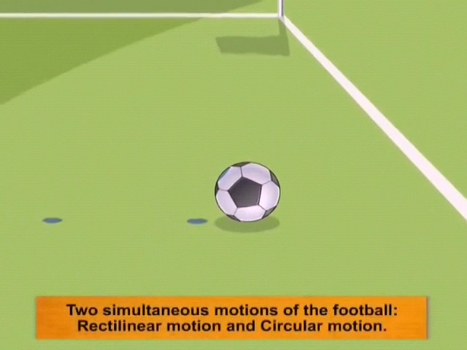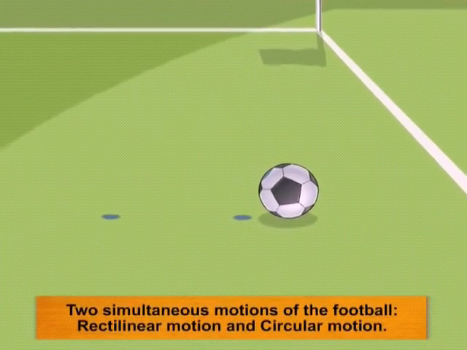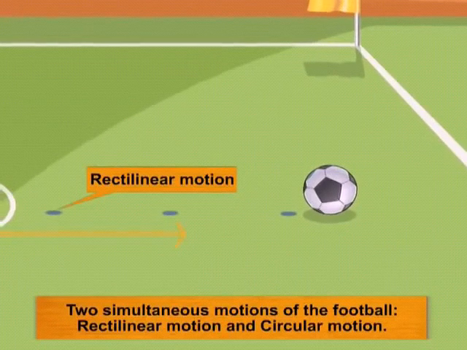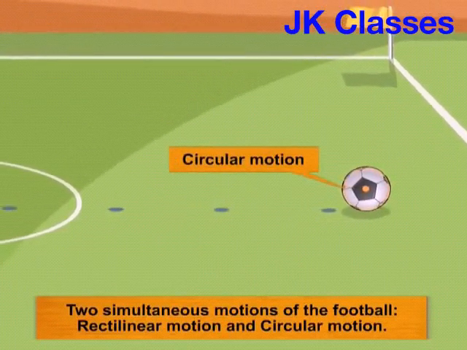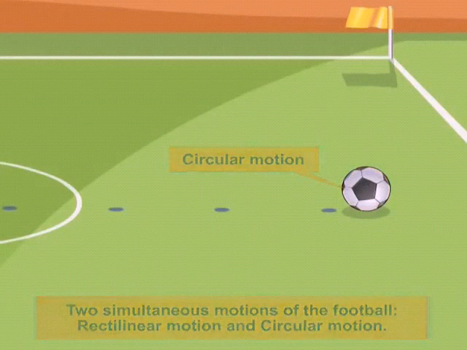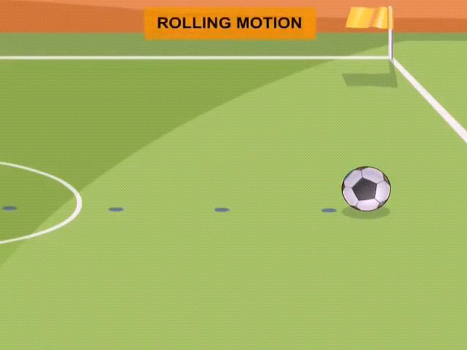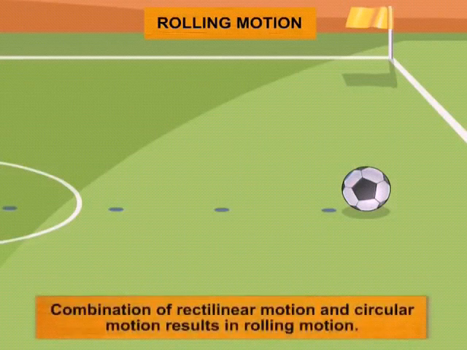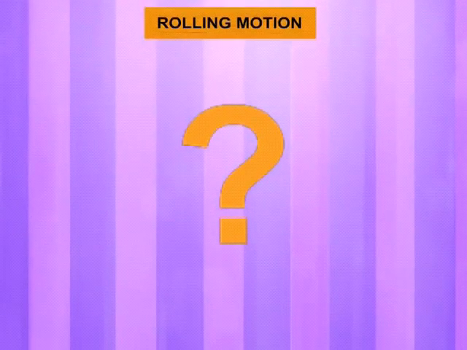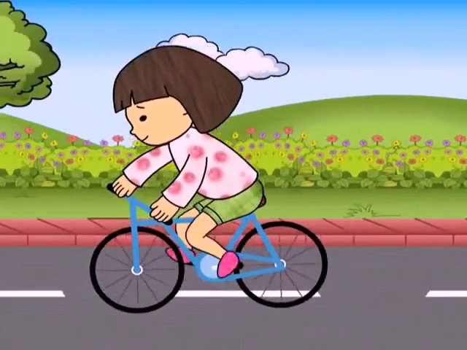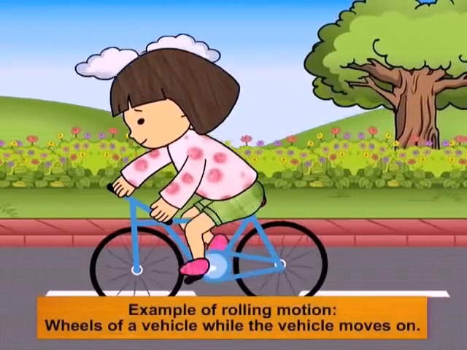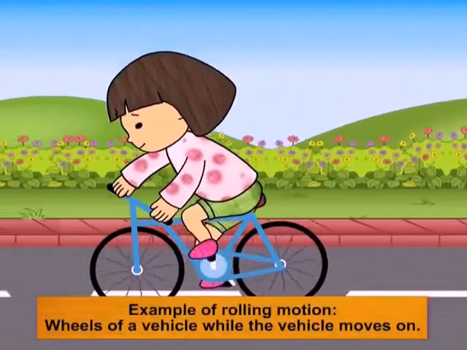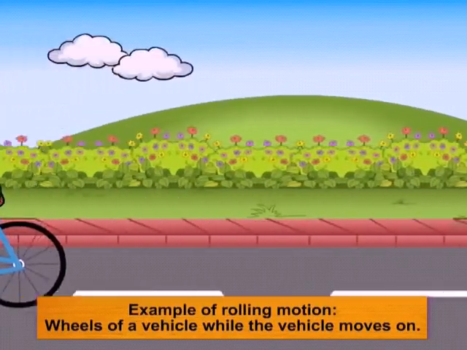The football moves ahead with two motions happening simultaneously: rectilinear or straight line motion plus the circular motion about the center of the football. Such a motion is called rolling motion. So, a rolling motion is a combination of straight line motion and circular motion. Can you think of any other object which undergoes rolling motion? Well, yes. The wheels of a bicycle or any vehicle undergo rolling motion while the vehicle moves forward.